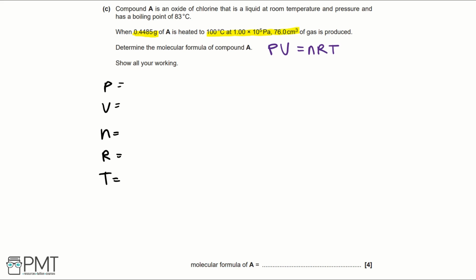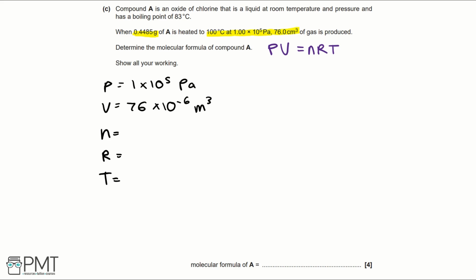So P stands for pressure. We have our pressure is 1 times 10 to the 5 pascals. Volume, we've been given also 76 times 10 to the negative 6 meters cubed, because we're converting units from centimeters cubed into meters cubed for this ideal gas equation.